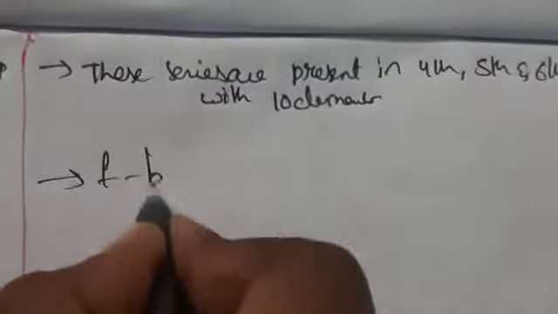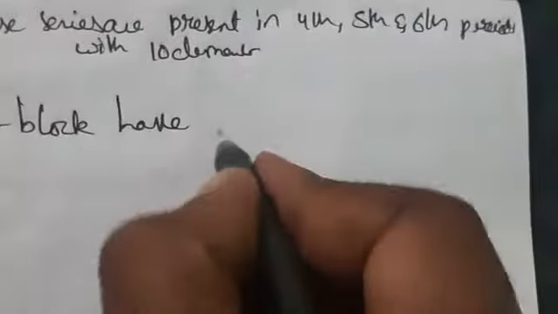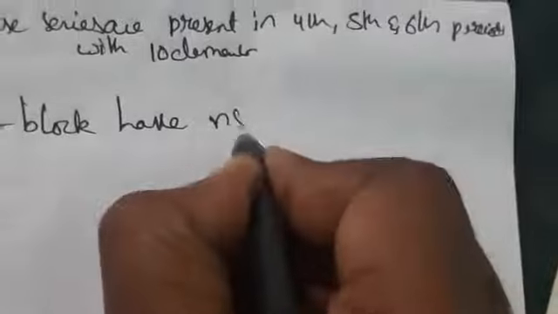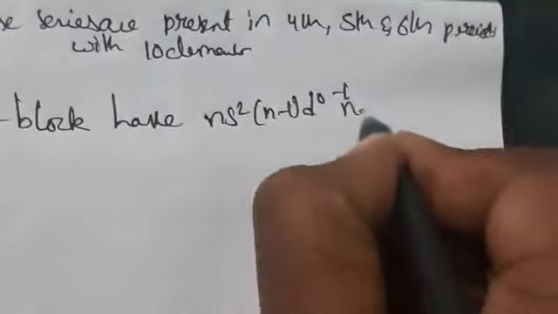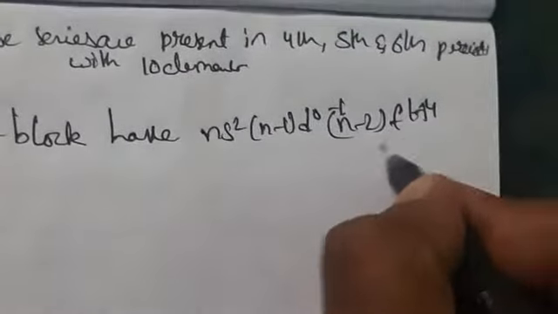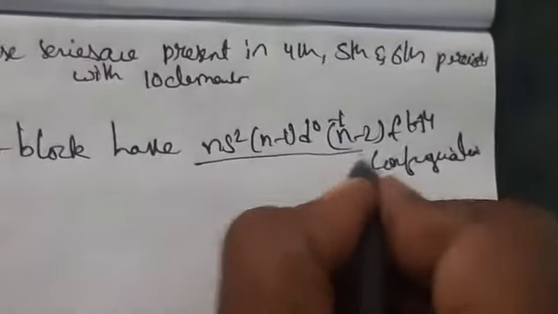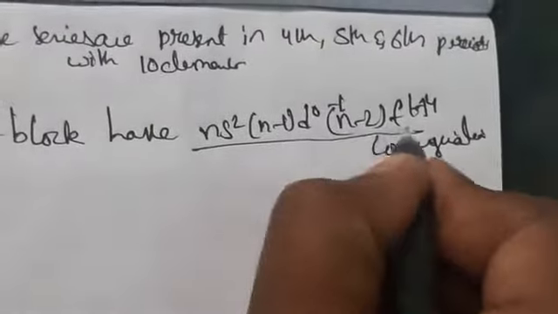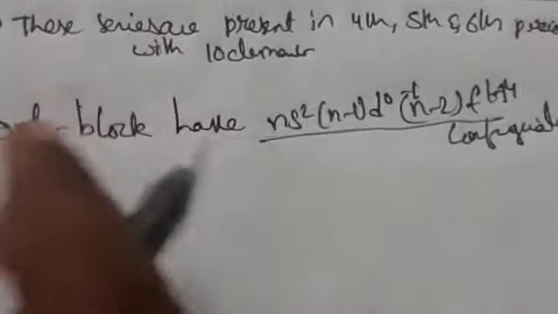And coming to the next one, F block elements. F block elements have the general electronic configuration ns2 (n-1)d 0 to 1 (n-2)f 1 to 14. Here also, we call this the inner transition series, if you have observed.